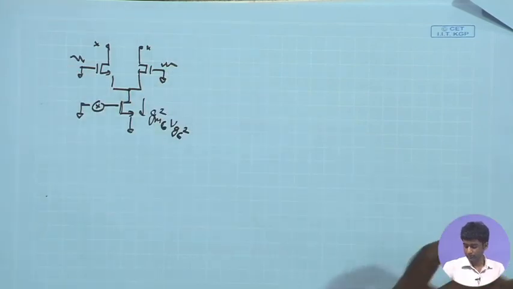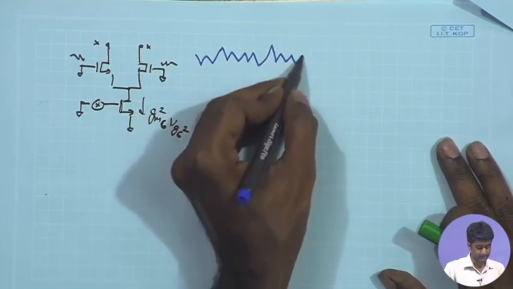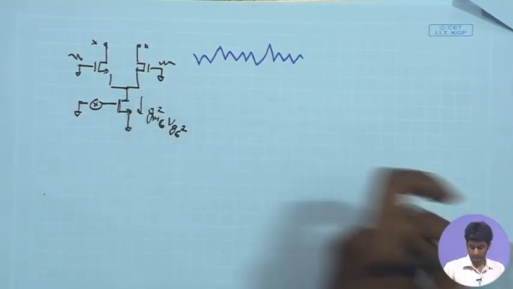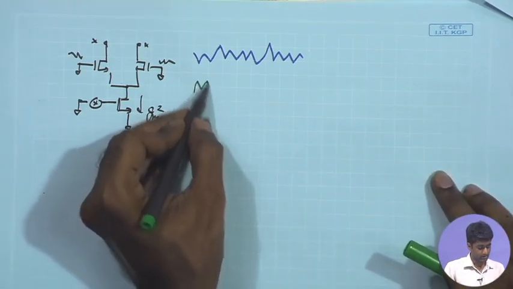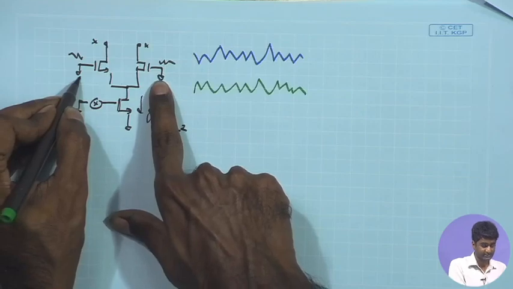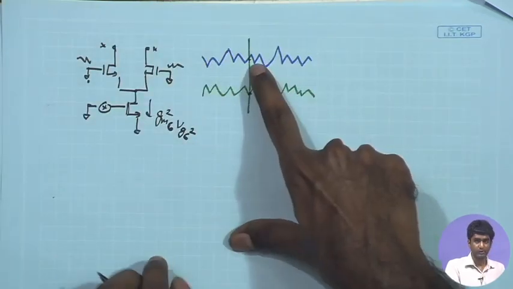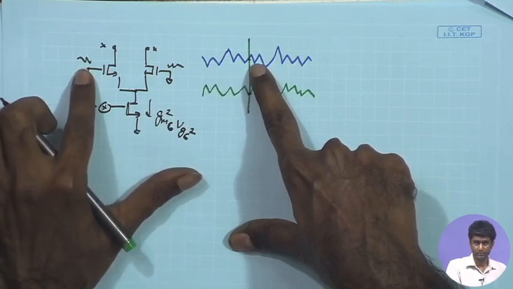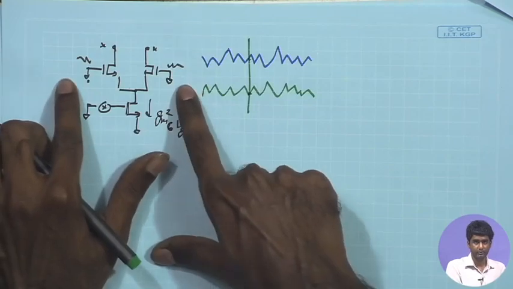If we magnify these two noises, they are going to result in some random noise signals at the two gates. And as a result, if I want to define the overall noise signal at any instance, we can find out the instantaneous noise voltage at the positive input, the instantaneous noise voltage at the negative input, and the difference of that gives you the differential input.